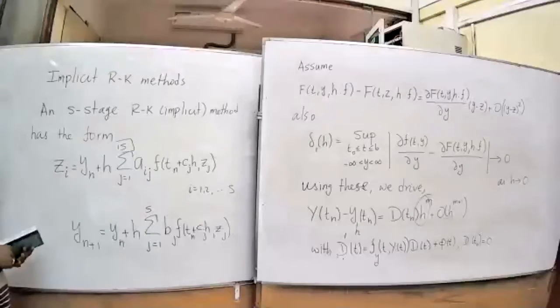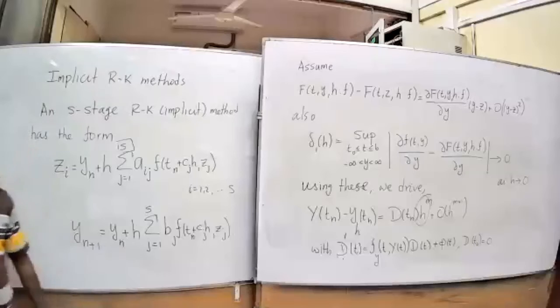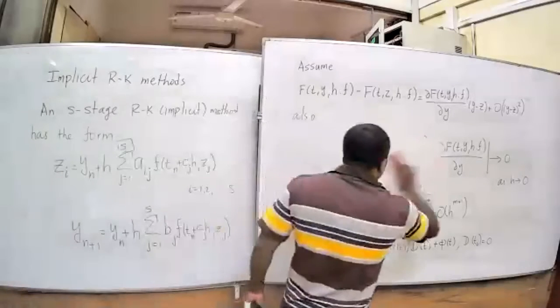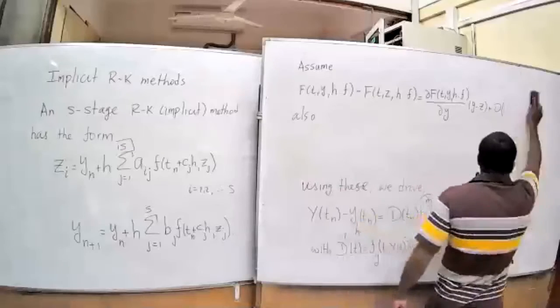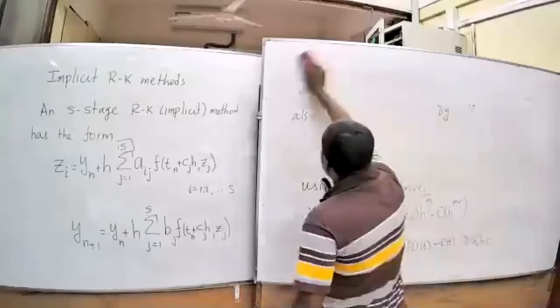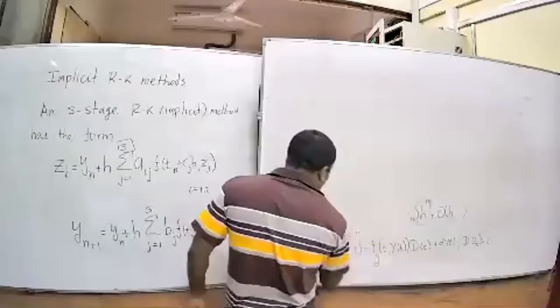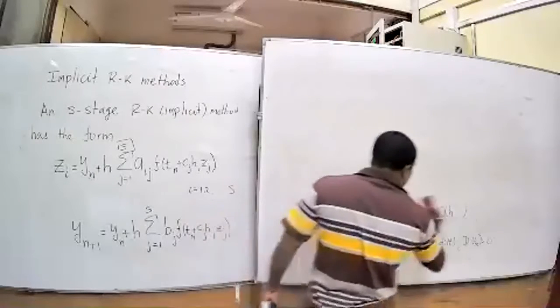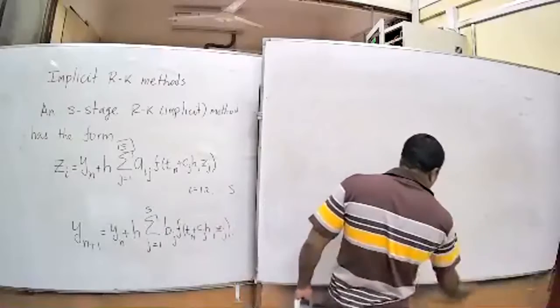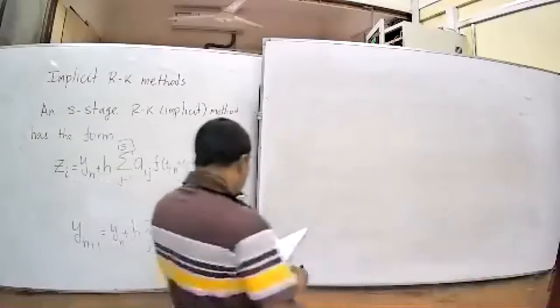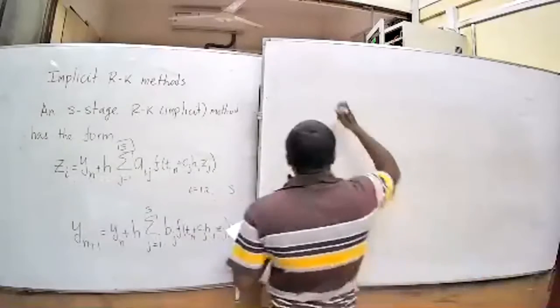So now you can see the Butcher table again, right? So in the explicit formula, you see that you did not have, right, the first component. Okay, so you did not have the first component, but here it is different.